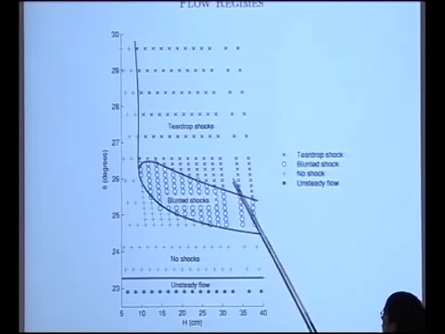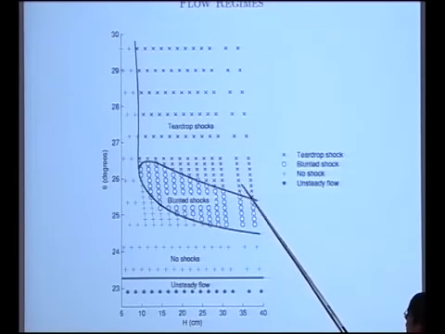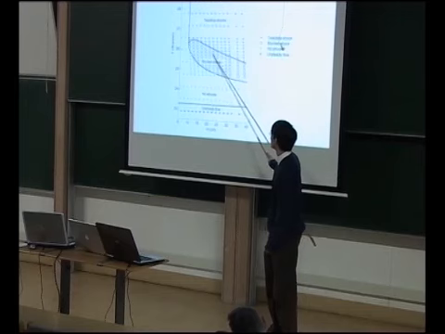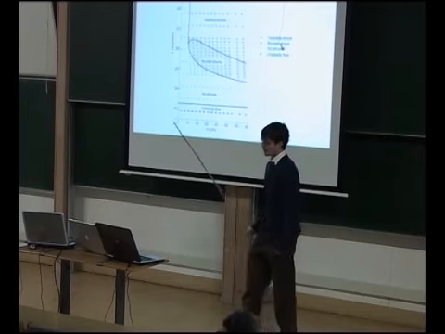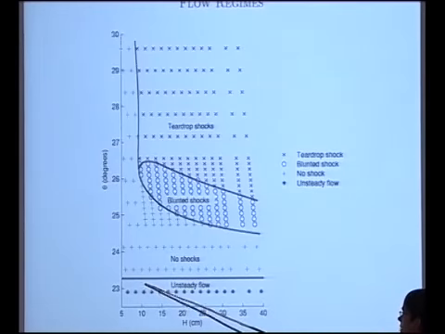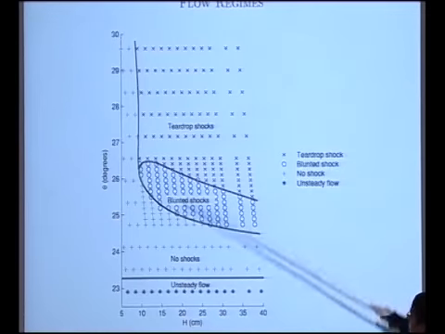But if we get to high enough heights, then we see either the teardrop-shaped or the blunted shocks in fairly well-defined parameter spaces. So the two videos I've shown existed about here for the teardrop shocks and about here for the blunted shocks.